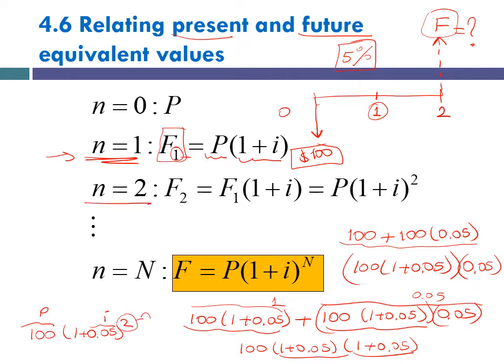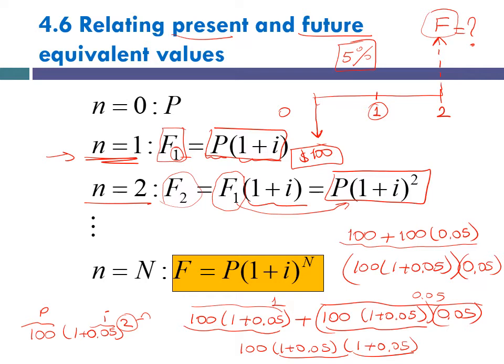So when n is equal to 2, the future amount that we will earn at the end of year 2 will be the future amount that we have at the end of year 1 plus this interest. And when we write this F1 as P times (1 plus i), we will obtain P times (1 plus i) squared.